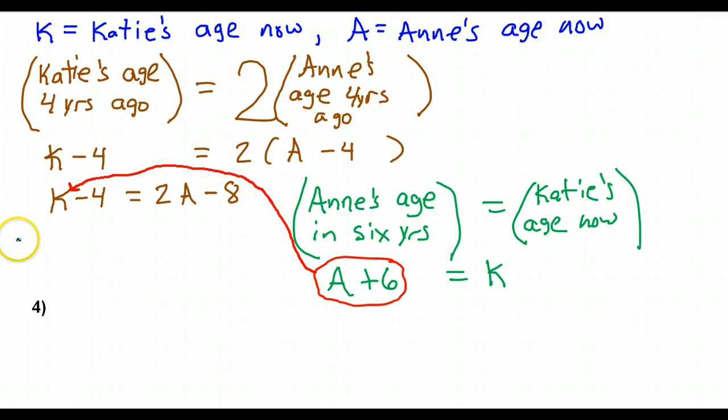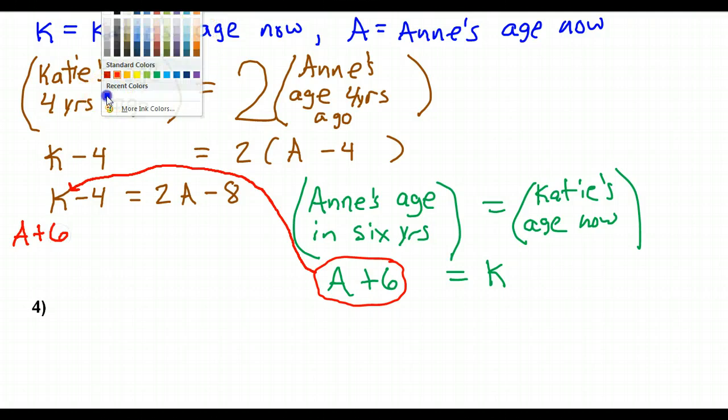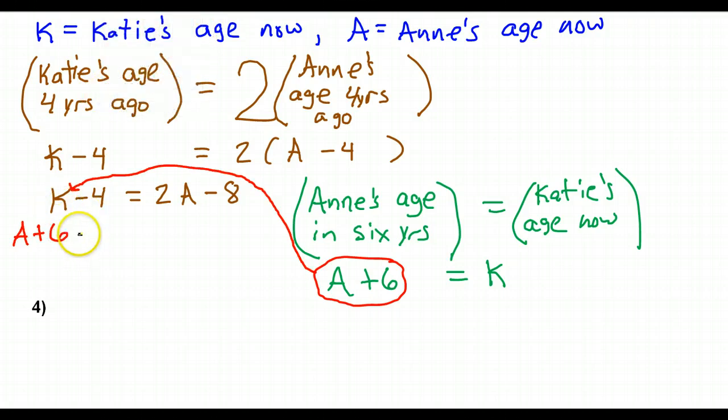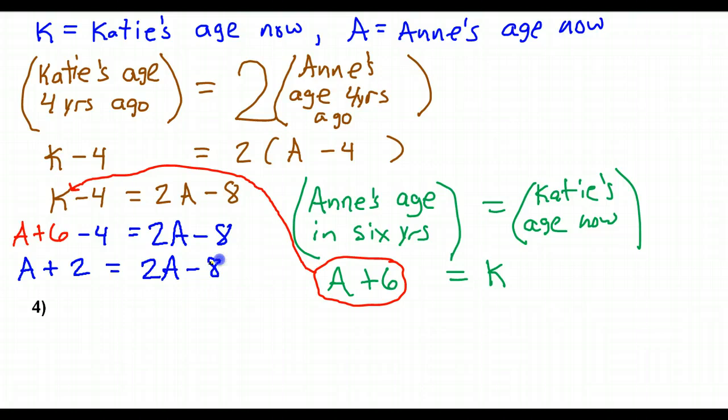So that's why over here I'm going to have A plus 6, because I just substituted that. And then the rest of it, minus 4. Like that. I'm combining these like terms here, so I'm going to wind up with A plus 2 equals 2A minus 8.